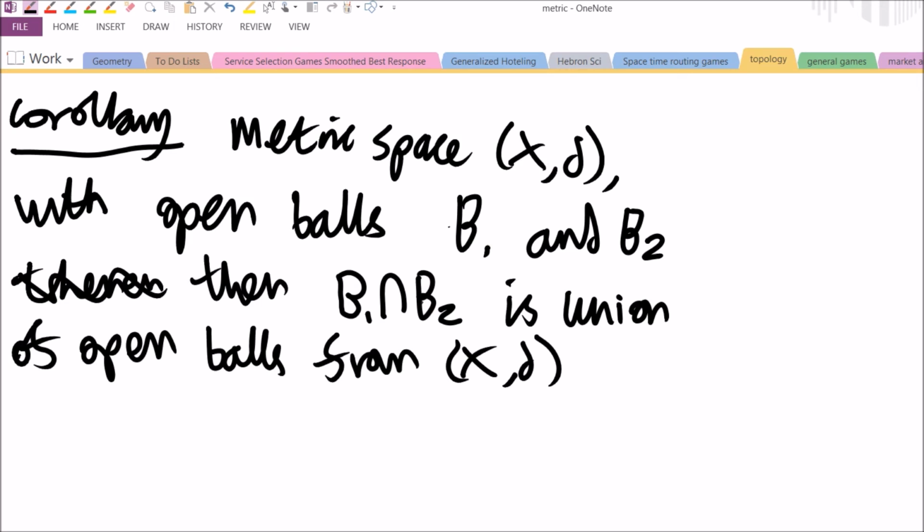So we have that the intersection of a pair of open balls is given by the union of a load of open balls.